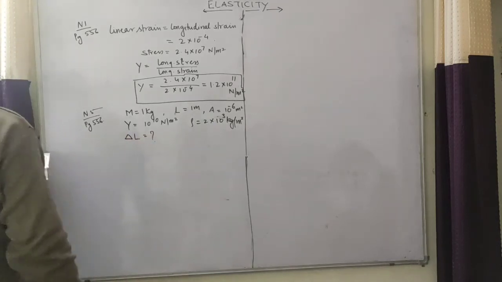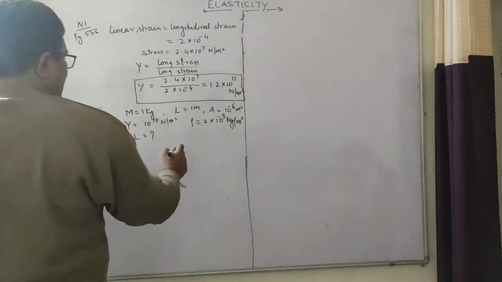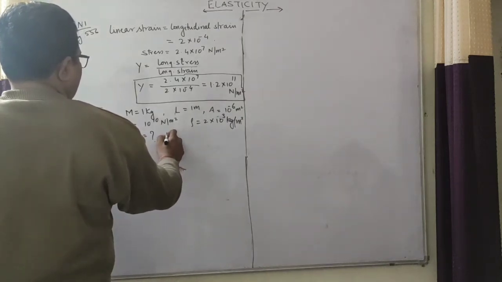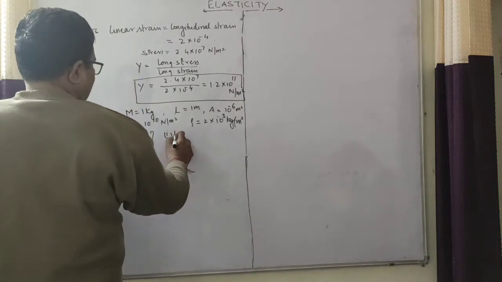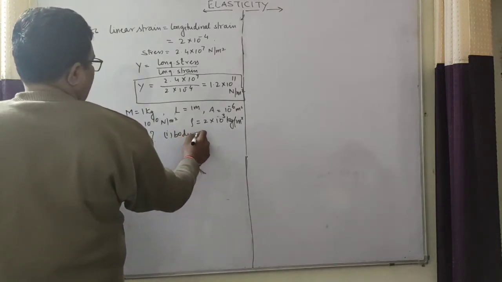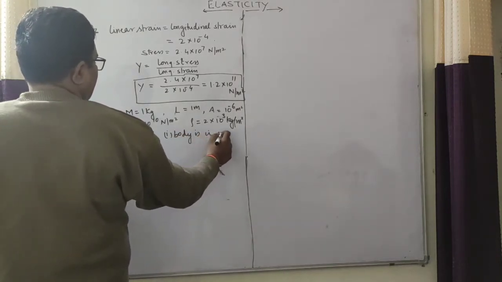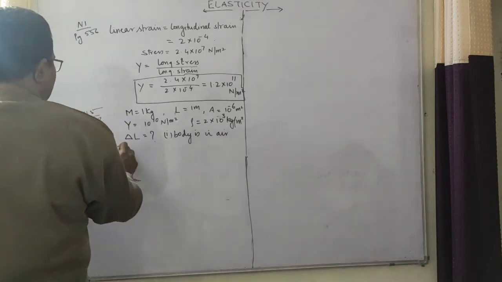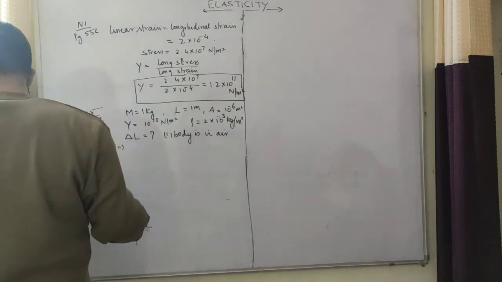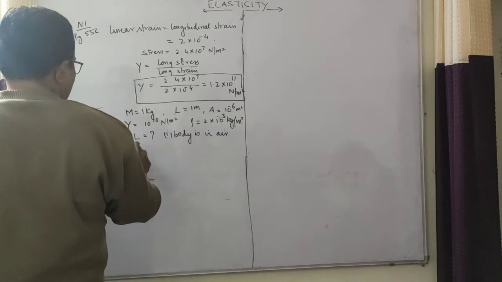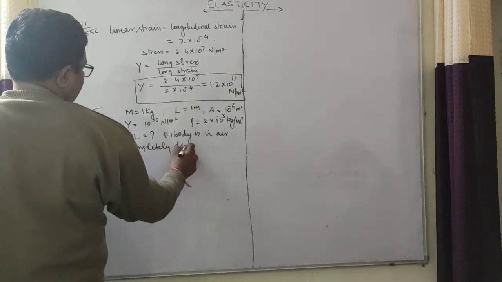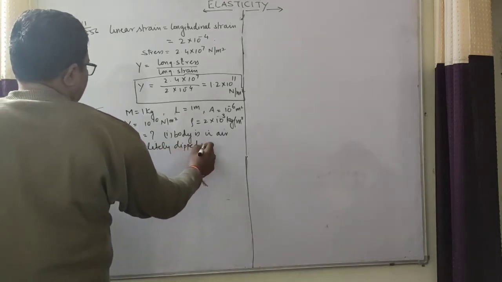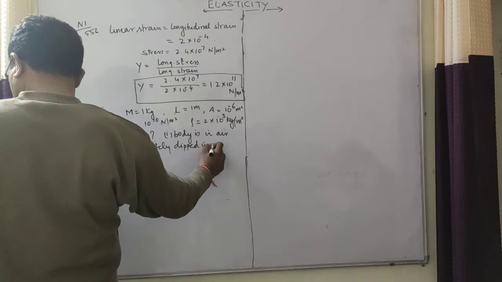Find elongation in the wire if, now there are two parts. The first part is the body is in air, and the second part is the body is completely dipped in water.